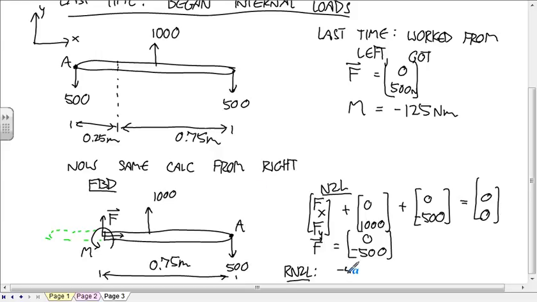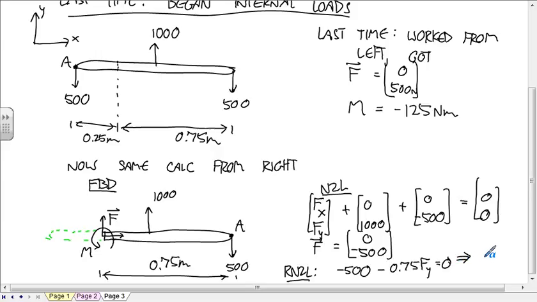So negative 500. And then Fx wouldn't produce any moment, but Fy would produce a clockwise moment of 0.75 Fy. So minus 0.75 Fy is equal to 0.